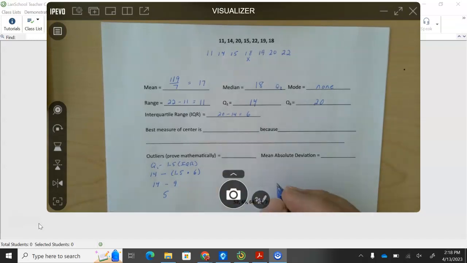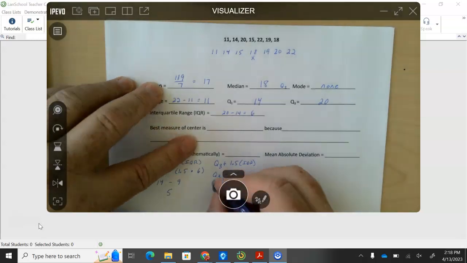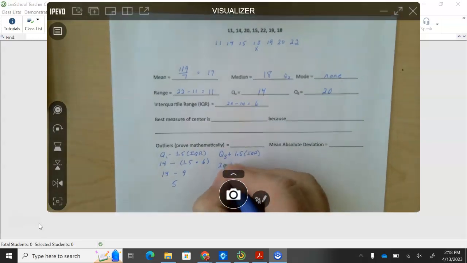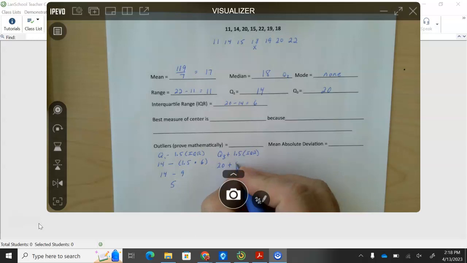No. Now we want to do our high outlier to prove, Q3 plus 1.5 times the IQR. So Q3, I do know Q3, 20 plus, I multiplied these, I know it was 9, is 29.